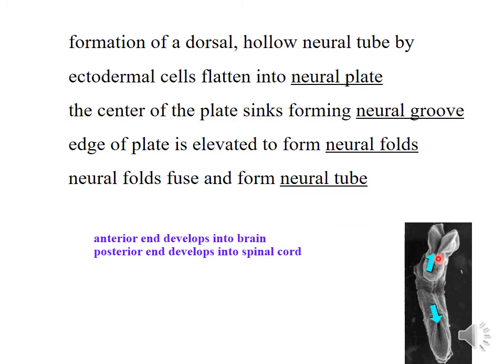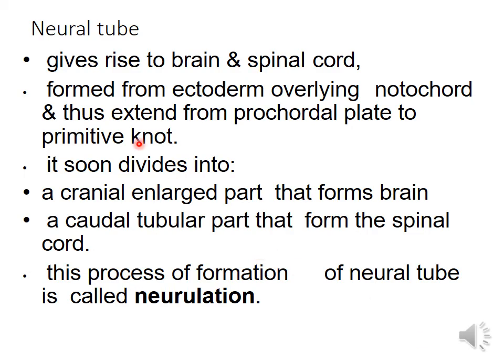Here, the anterior end of this tube develops into the brain, whereas the caudal or the other end will form the spinal cord. The neural tube gives rise to the brain and spinal cord.